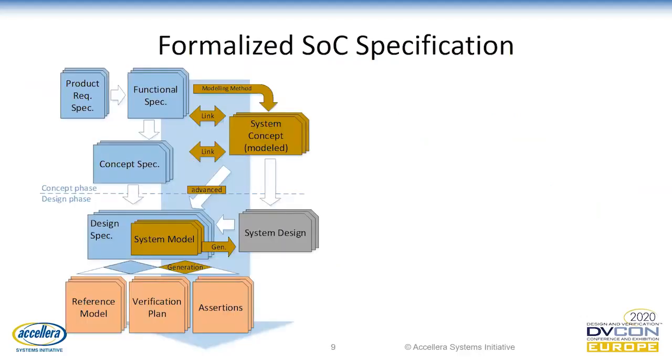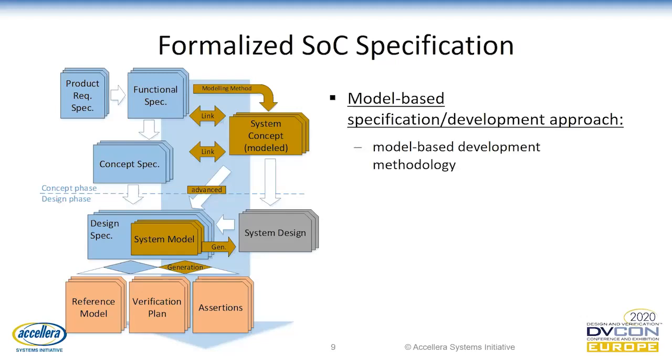So as you remember the picture before, we here adapt our specification flow a little bit with our new approaches. At first we need a modeling method over the whole flow, and what we want to enable is a system concept fully modeled in SysML. This is the starting point, but we recognized really soon that it makes no sense to model all information of our concept and all information of our SOC.